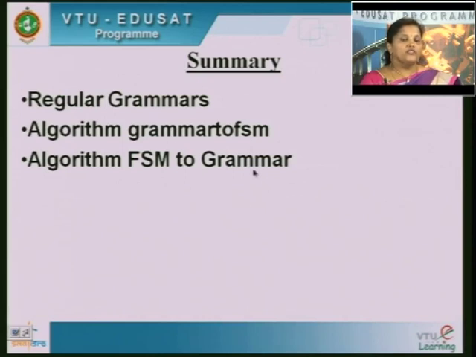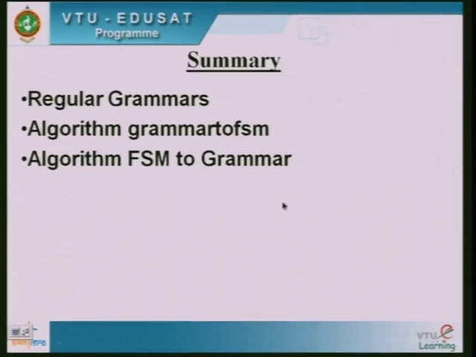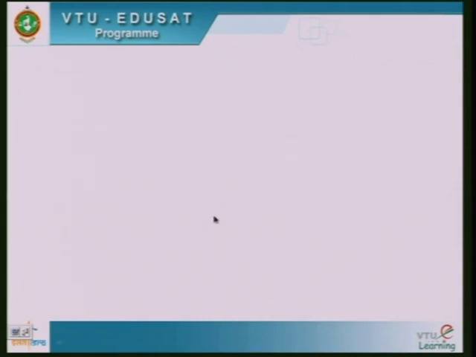In both ways, if a grammar is given, you can convert it into an equivalent FSM, and if an FSM is there, you can write the equivalent grammar. Next, we saw all three types: writing the regular expression, regular grammar and the finite state machine for the given language.